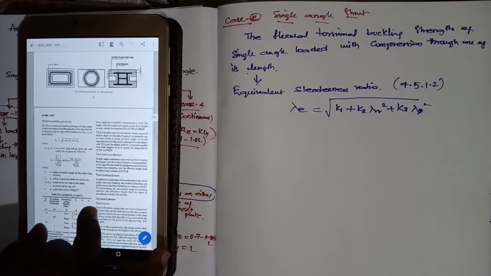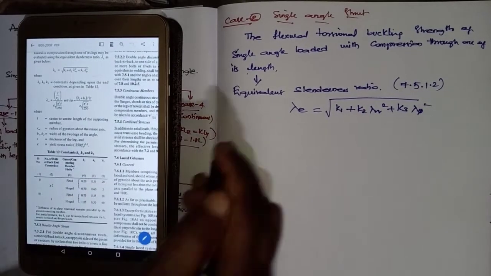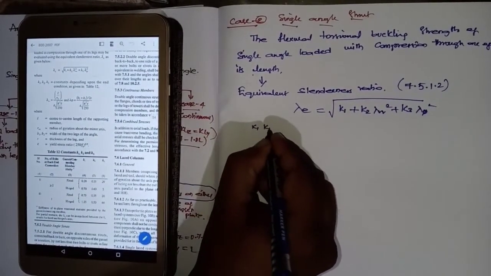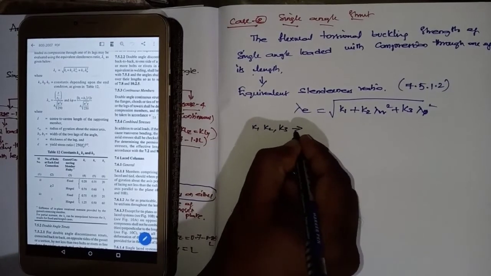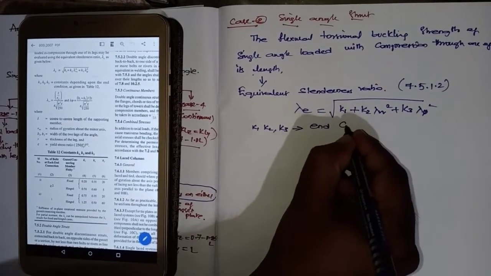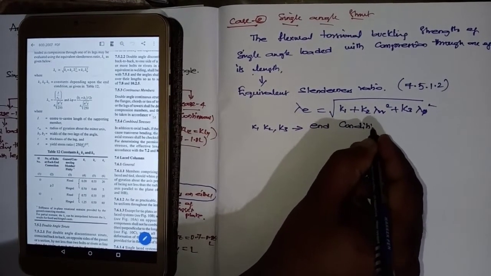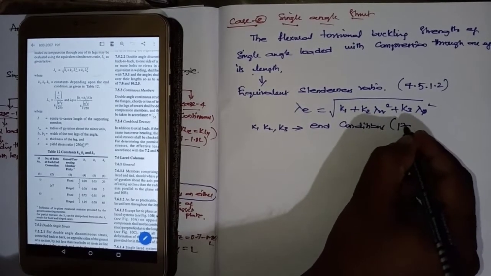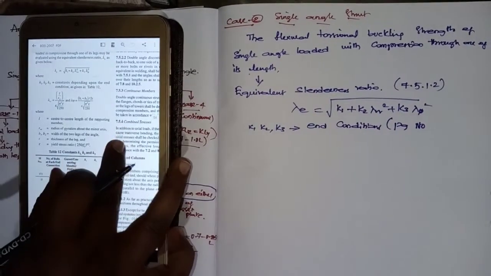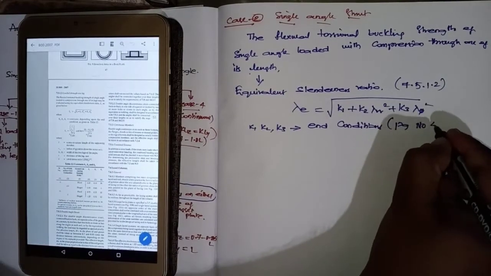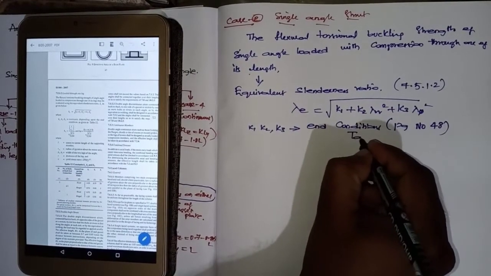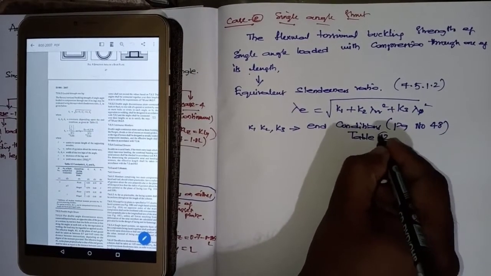So K1, K2, K3 fixity conditions depend upon what? End conditions. From what? Page number 48, table 12.